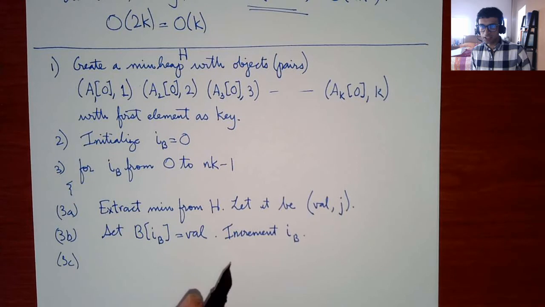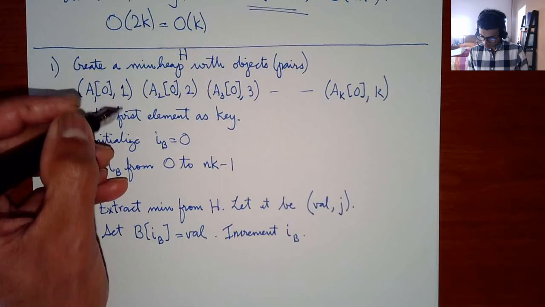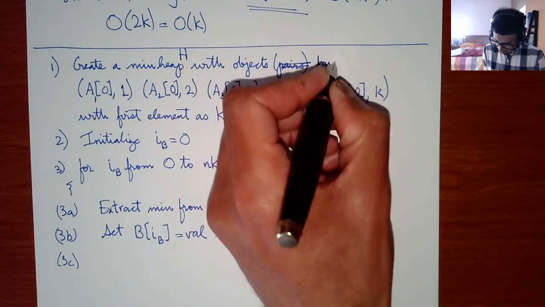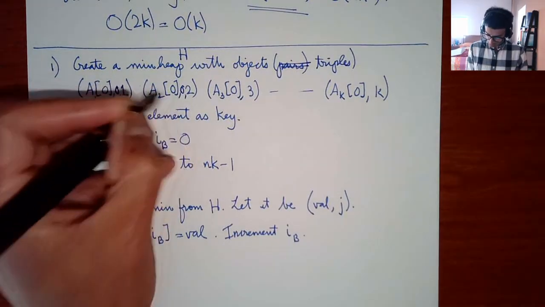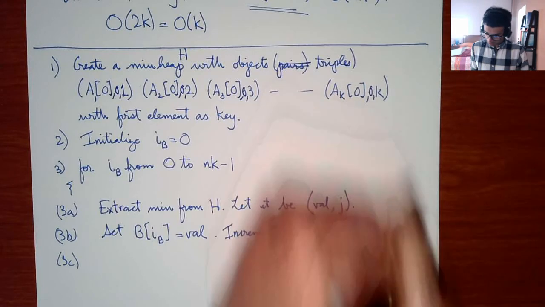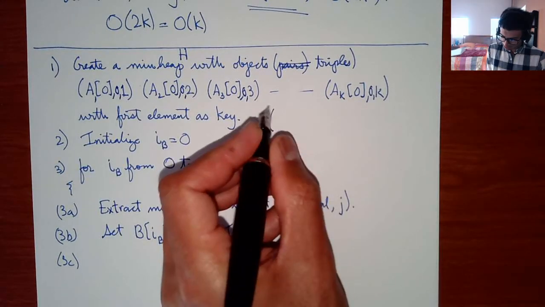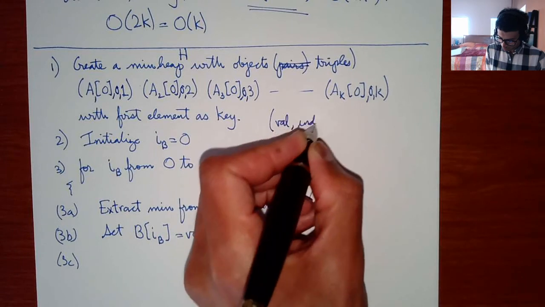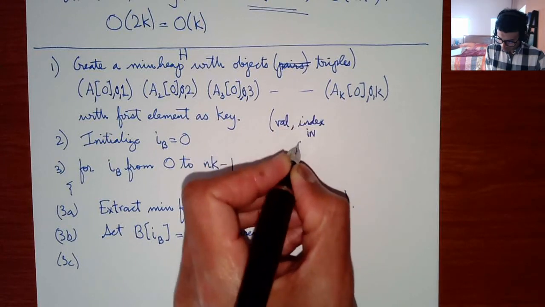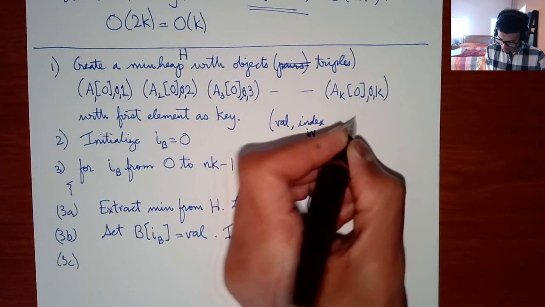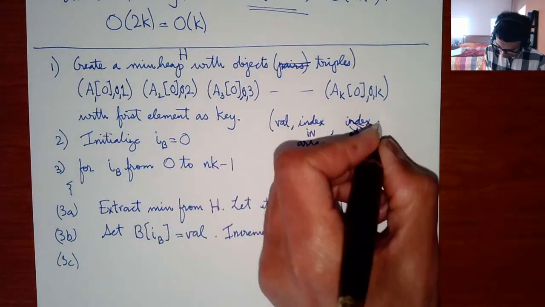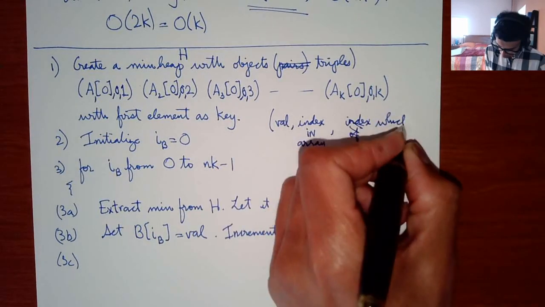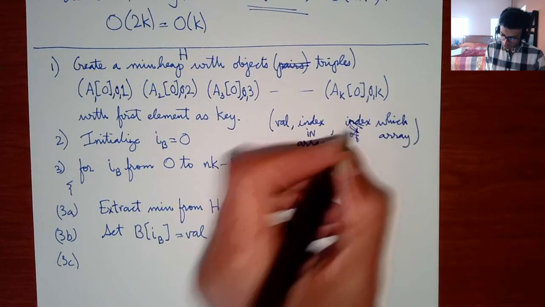We actually have to keep track of which index we are removing. So actually, instead of pairs, it's going to be triples. We put 0 as an additional element. So basically it's value, index in the array, and which array it is. So I'm keeping triples.